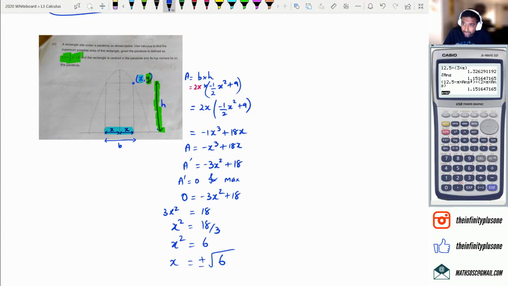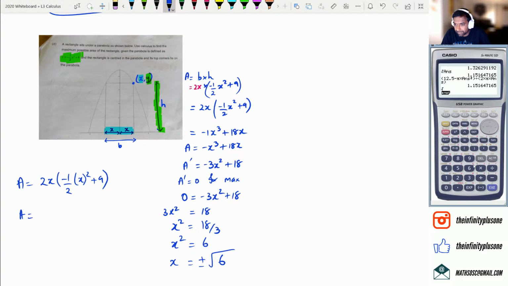So once we've got that x is equal to square root of 6, it's just a matter of substituting it back into the area equation. Our area equation is 2 times x times negative half x squared plus 9. I'm going to put this straight in the calculator just to save time.